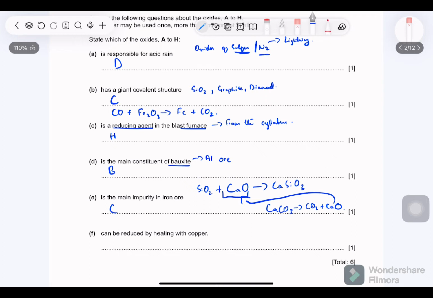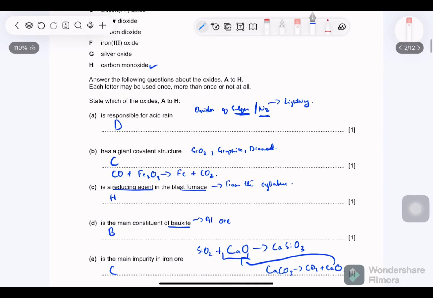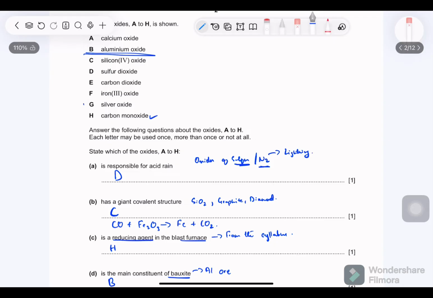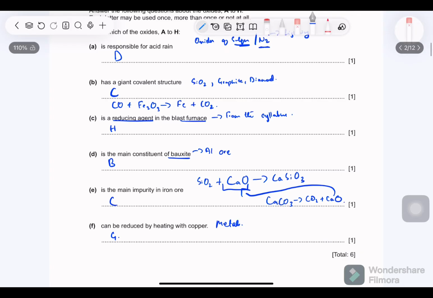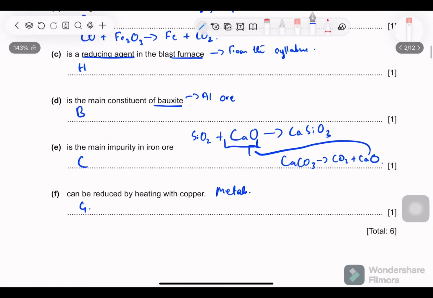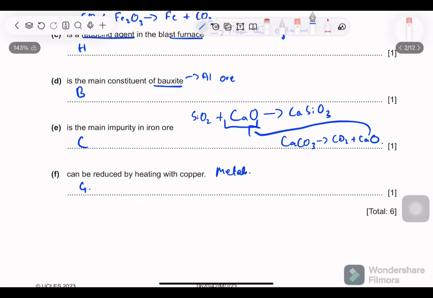Now, F can be reduced by heating with copper. Again, metals. The answer is silver oxide. Why? If you remember the metal reactivity series, the metal which is above in the reactivity series can displace the metal which is below it.